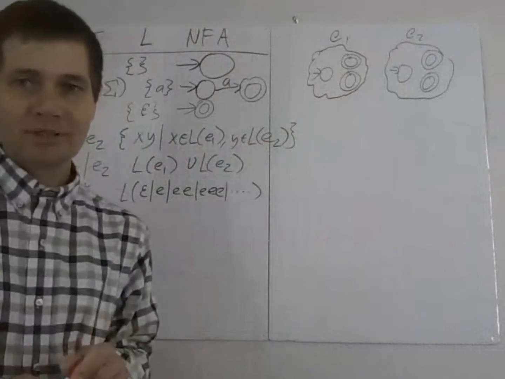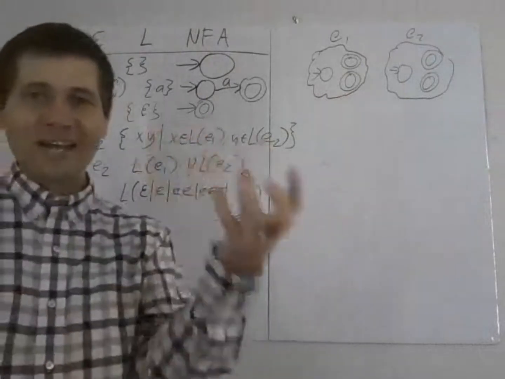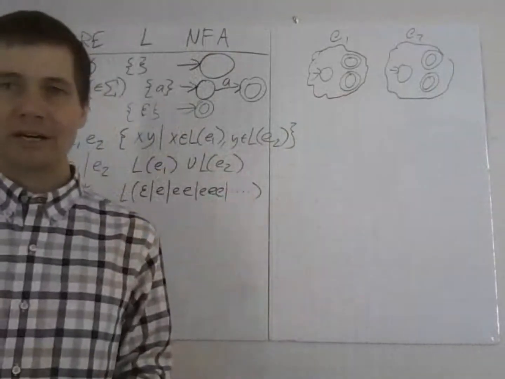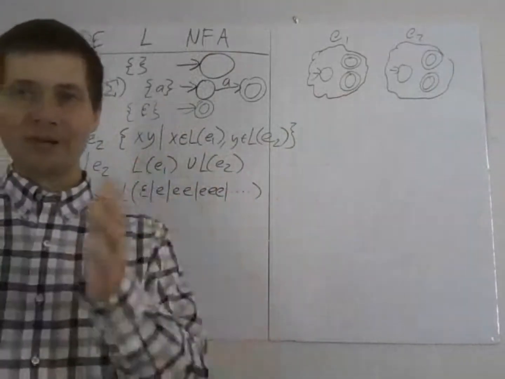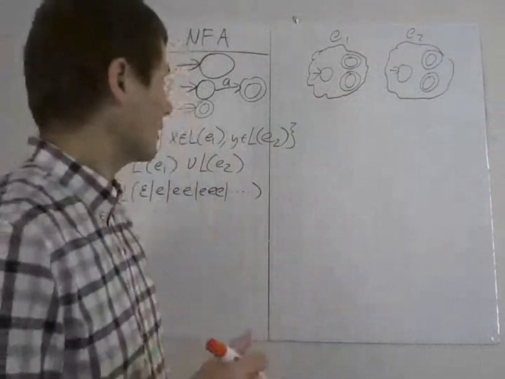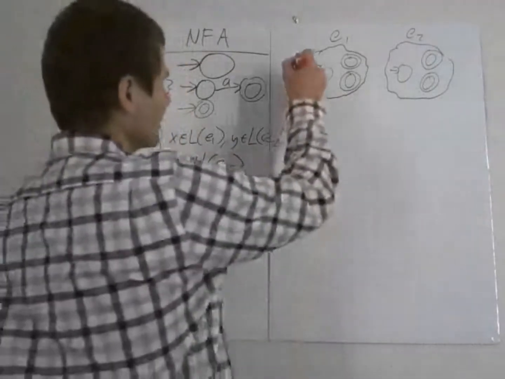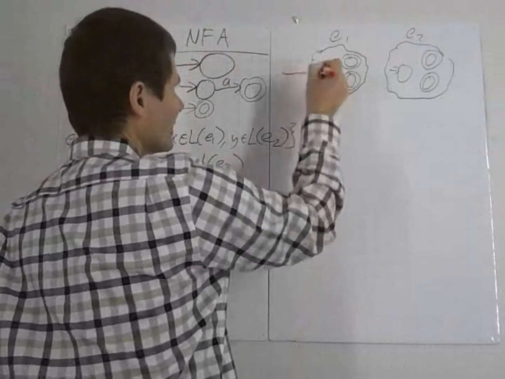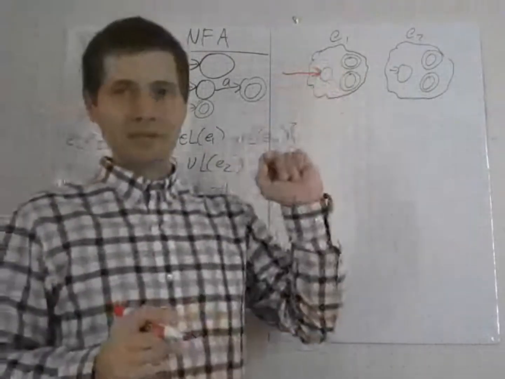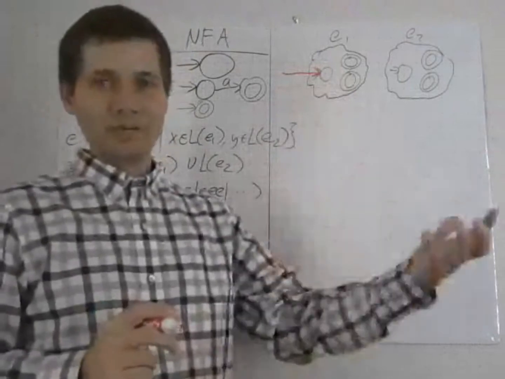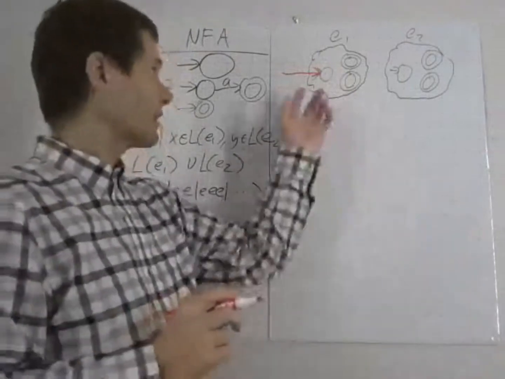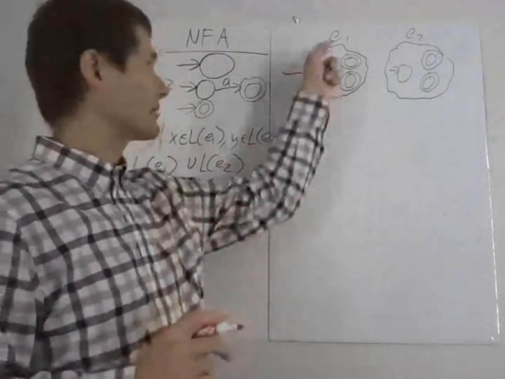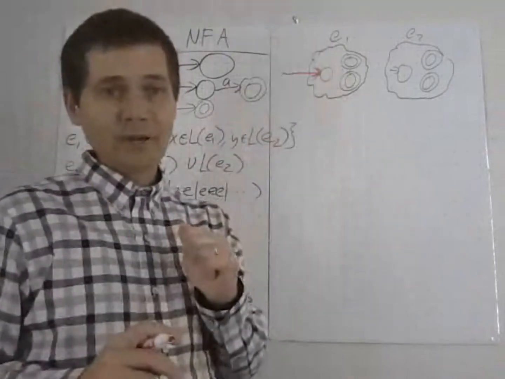And so now the question is, how do I take these two NFAs and hook them up together to give me an NFA for E1, E2? Well, okay, so for your start state for the new NFA, that's going to be the start state of E1, because when you start looking at a word, you want to just see if a prefix of the word matches E1.